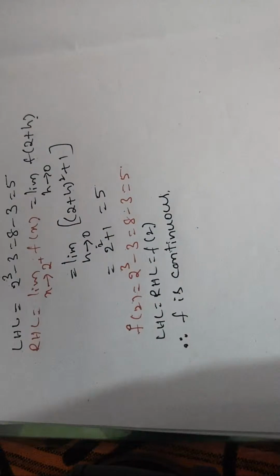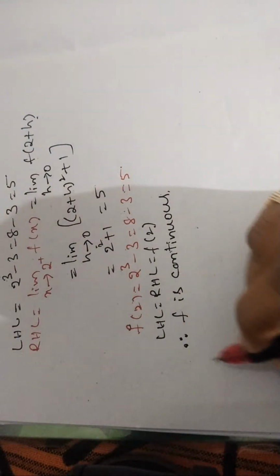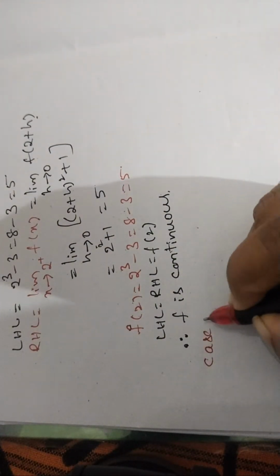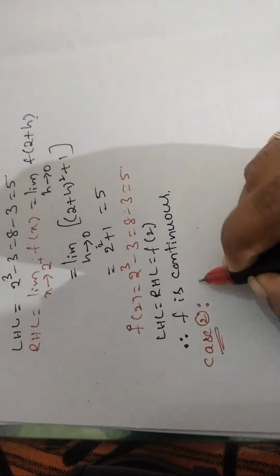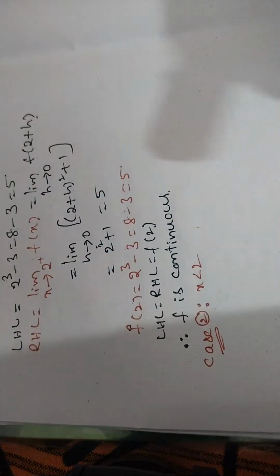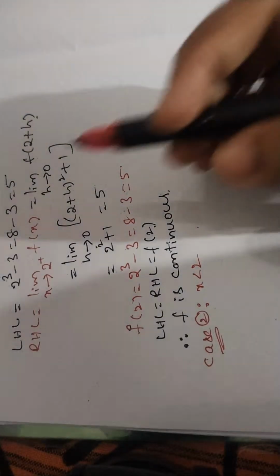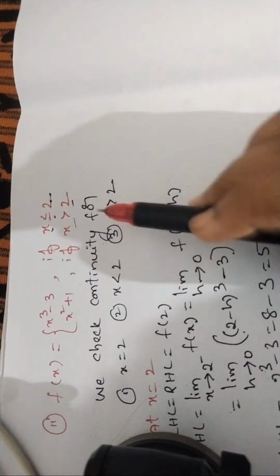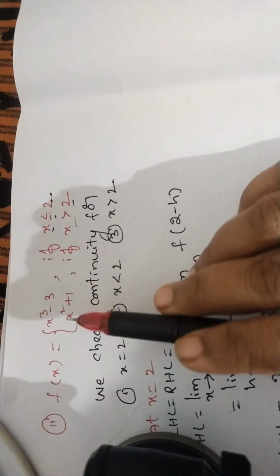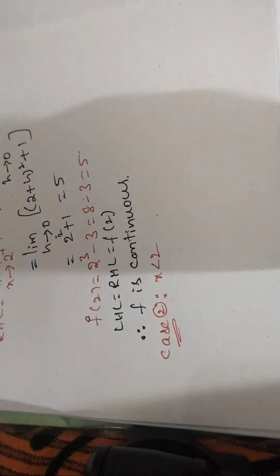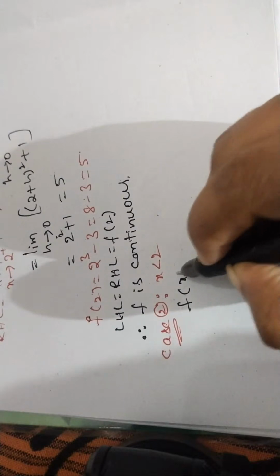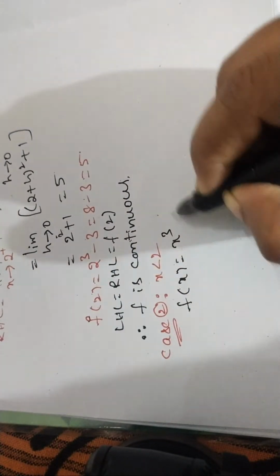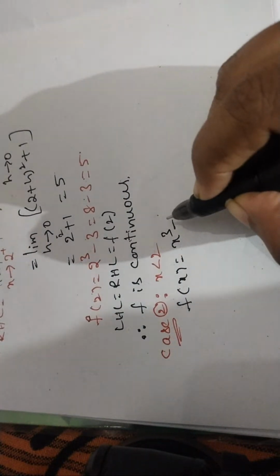Next, case 2. Case 2 is x less than 2. So, when x is less than 2, what is the function? Just check the question. In the question, when x is less than 2, the function is x cube minus 3. So, write this function. f of x is equals to x cube minus 3.